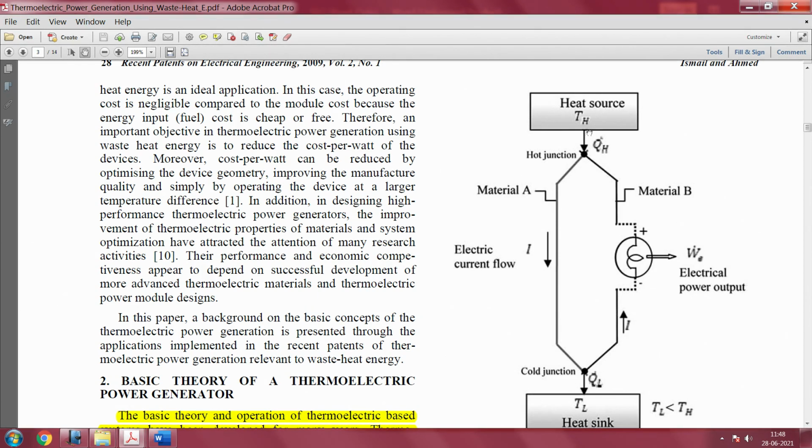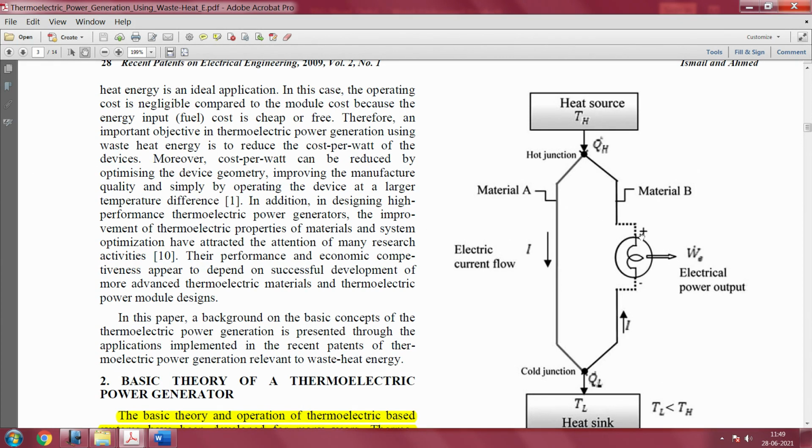This is the rate of heat flow from the hot side to the cold side, and this is the rate at which the heat is being rejected at the cold side, QL. There is a difference in the temperatures which results in a flow of electric current from the 2 different materials which are sandwiched in the middle. As I mentioned, one is P and the other is N.